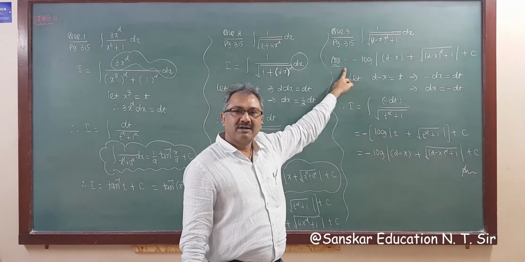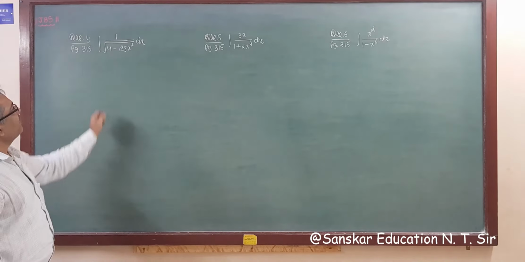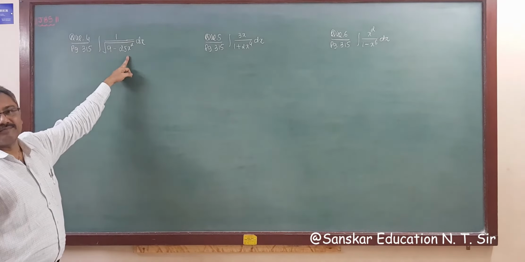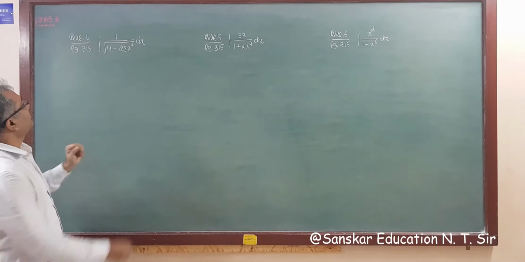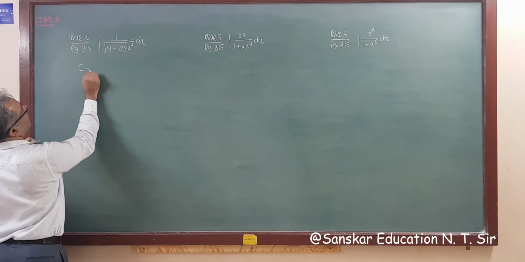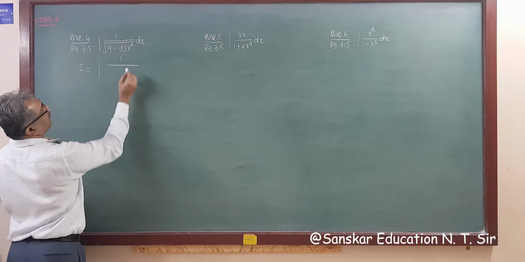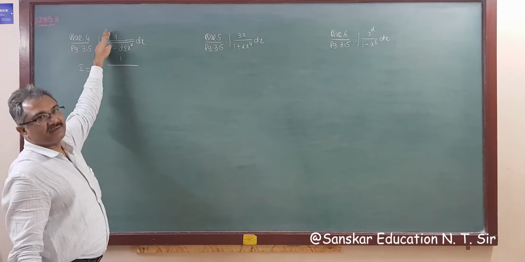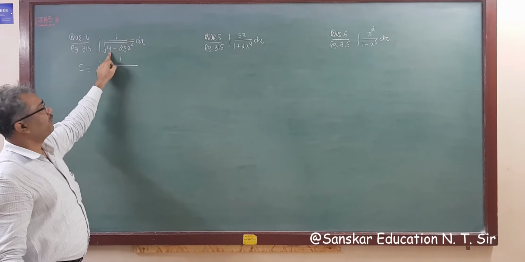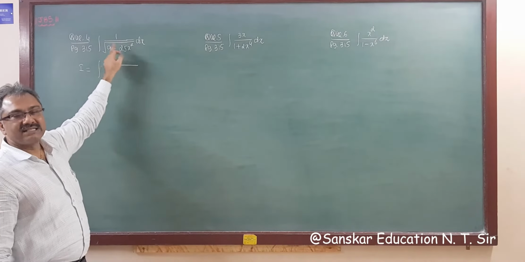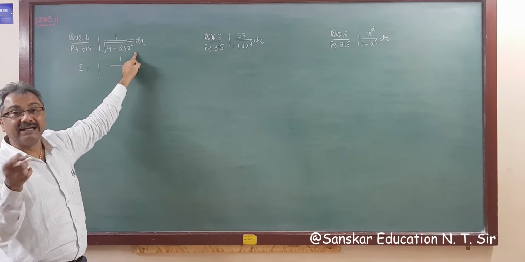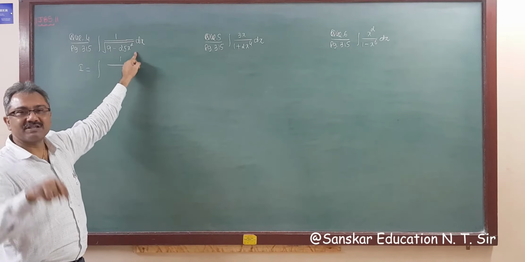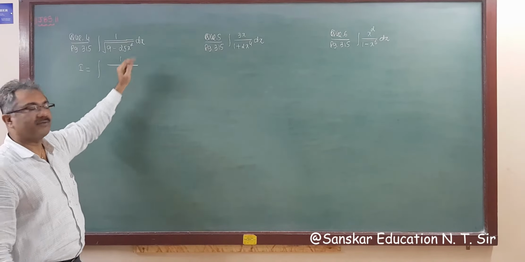Okay. So the next question is question number 4, page 315. Given 1 upon square root of 9 minus 25x square. So this is a formula for I is equal to integration 1 upon. Because in the numerator there is a 1, we have to adjust 1 upon constant, that is a square minus x square in root. That is the sine inverse formula, 1 upon root a square minus x square.